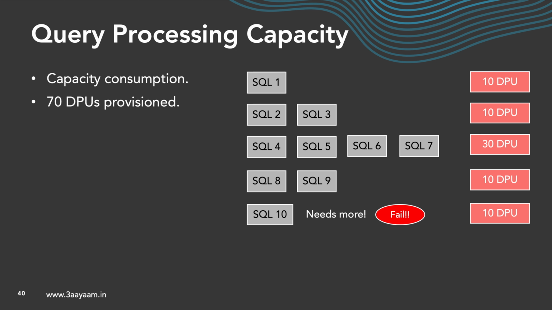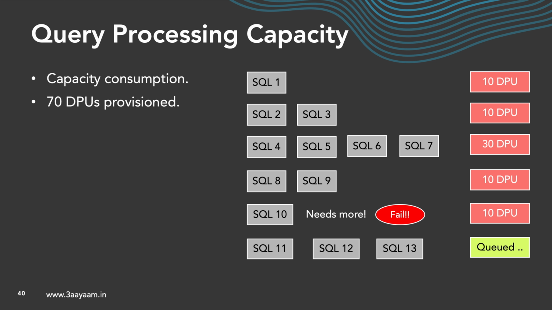So when you see that an SQL is failing because of DPU requirements, it means that we need to provision more DPUs for this particular workgroup. And all of these SQL statements are running in the same workgroup. Even after that, if we submit more SQL statements, let's say 11, 12, and 13, what will happen? All of them would be queued, and that is the queue time that we see when we execute an SQL statement.